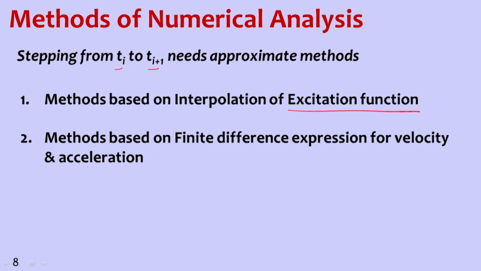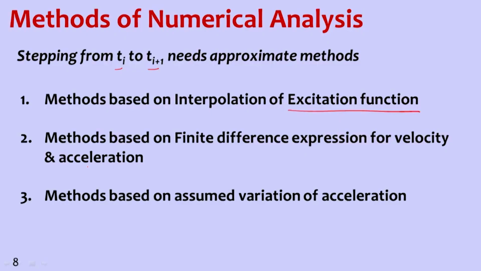In this we discuss three methods: forward difference, backward difference and central difference. For finding the solution to the dynamic equilibrium equation, we use the central difference method. The third is methods based on assumed variation of acceleration.